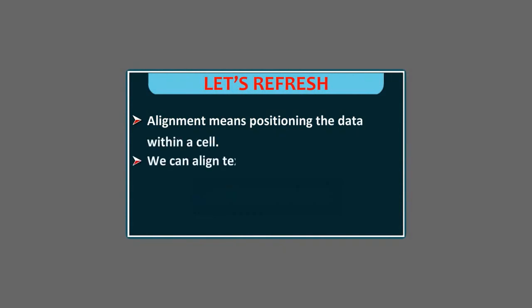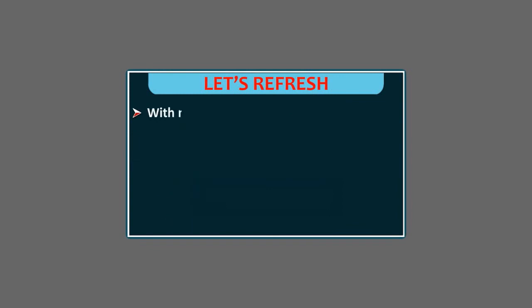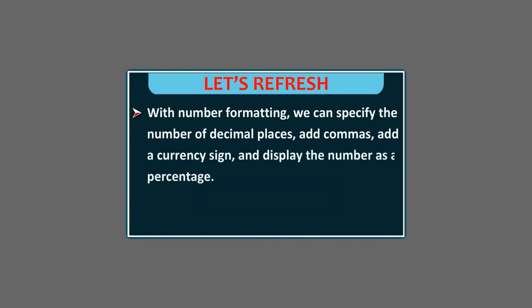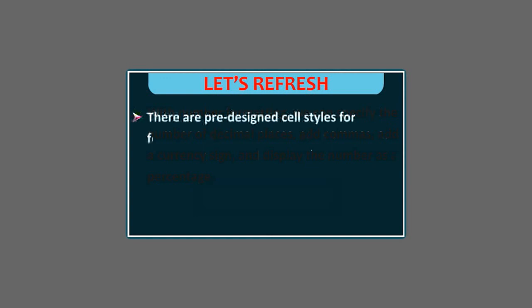We can align text in 3 ways: left align, center align, right align. With number formatting, we can specify the number of decimal places, add commas, add a currency sign, and display the number as a percentage. There are pre-designed cell styles for formatting data in Excel manually.